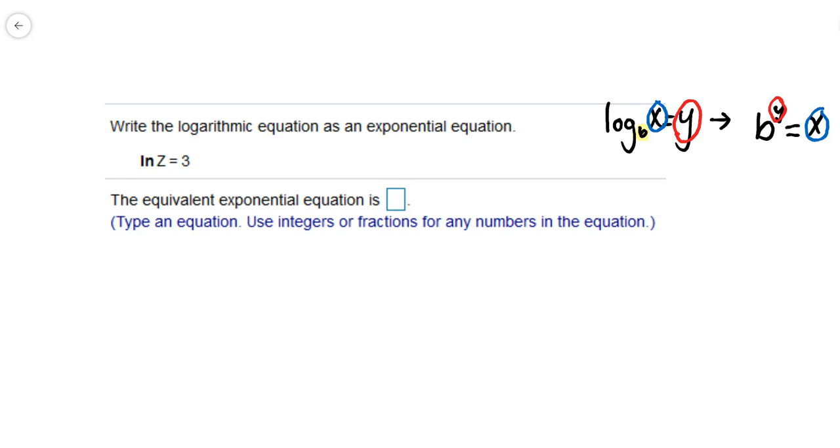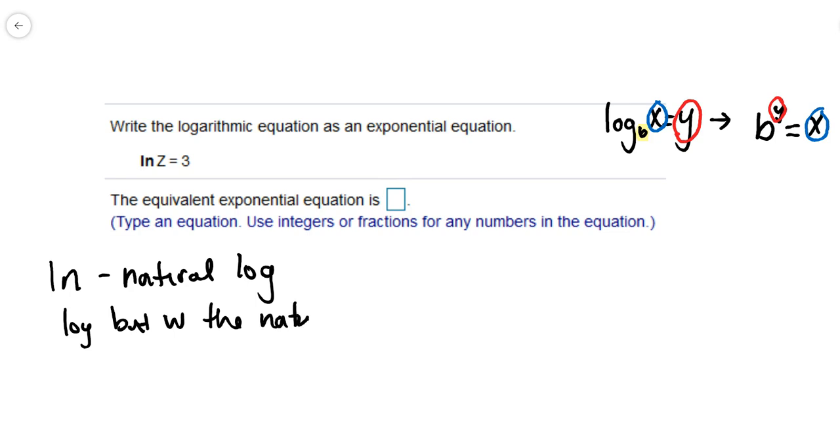Now, the example we have says natural log z equals 3. This is a special kind of log. It has special notation, ln, which stands for natural log. The natural log is just a regular log, but with the natural base, and the natural base is e, approximately 2.718.